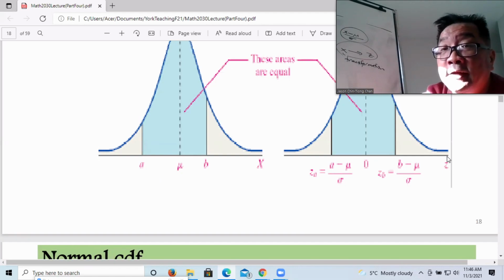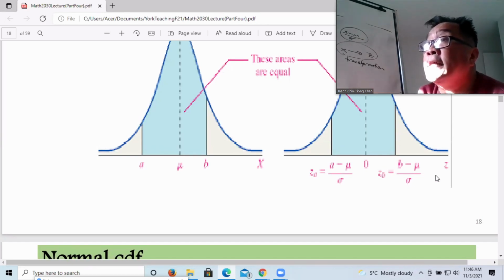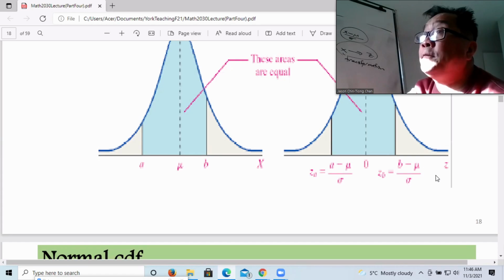For the second one, the value here is the Z value, no more X. What is the difference between X and Z? There's no X table, we've got a Z table. Once we do the transformation, then we can find the probability value.